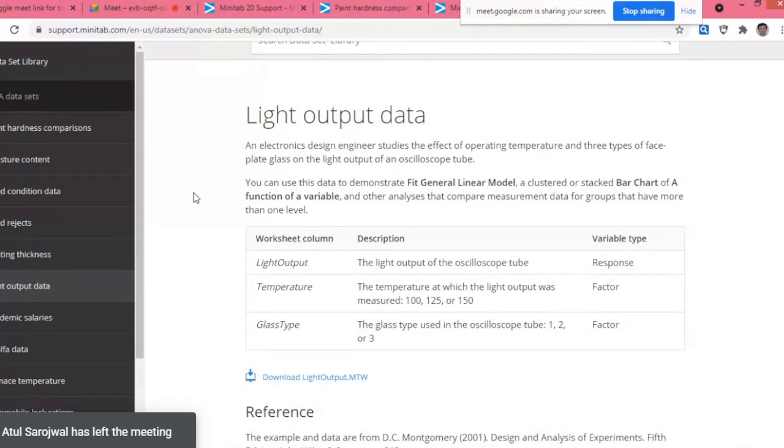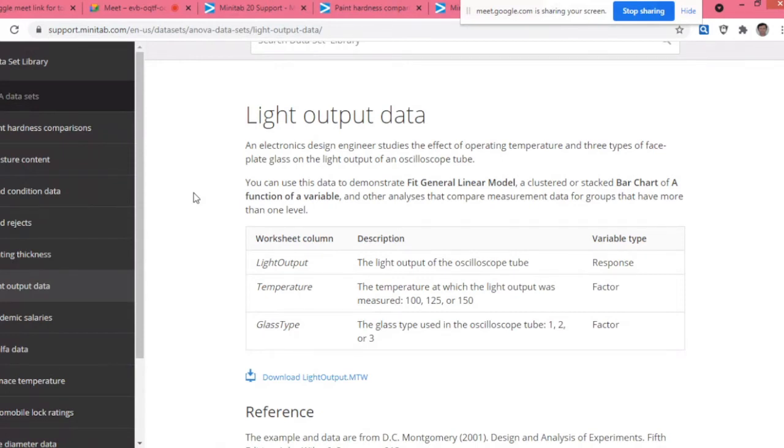Can any one of you please read the light output data? Is the screen visible? Yeah, sir. Light output data.